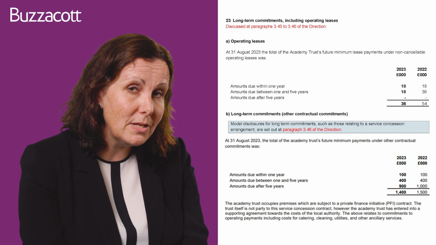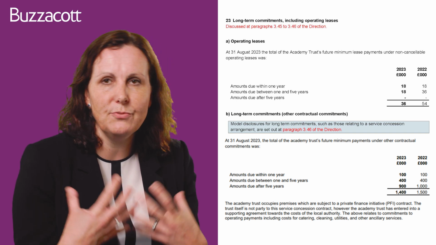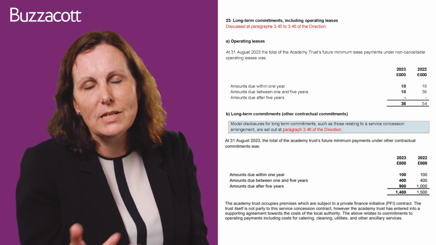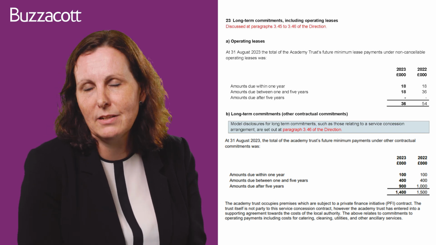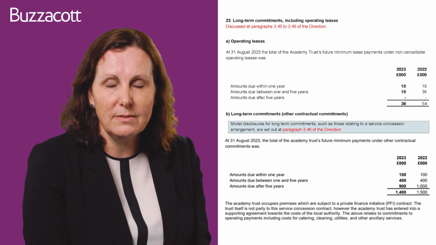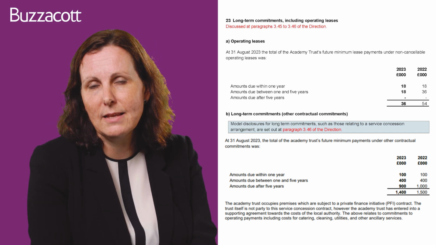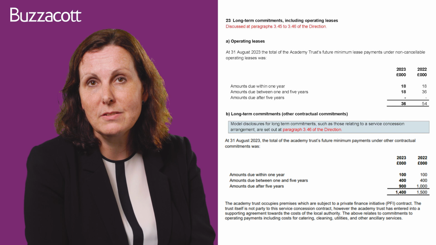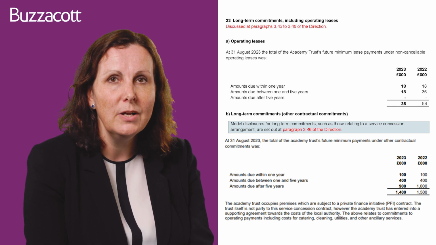In terms of commitments disclosures, so really these are figures that don't form part of the primary statements but will be additional disclosures that you have to give. So for example, operating lease commitments, still following the same disclosure requirements under FRS 102 for now.